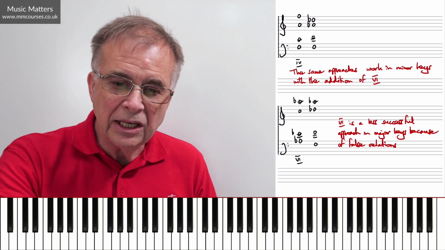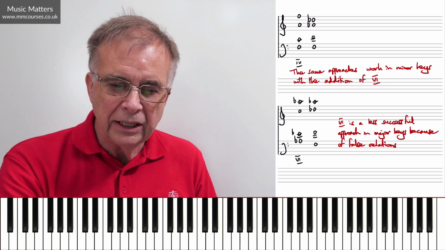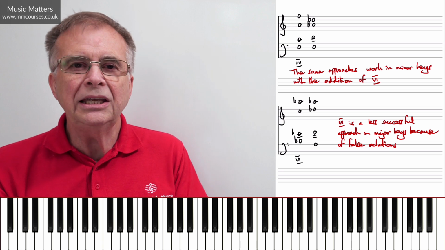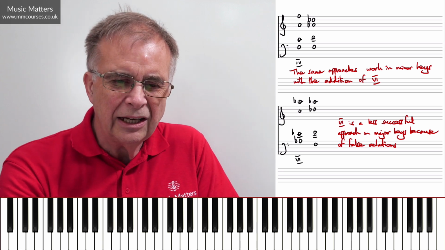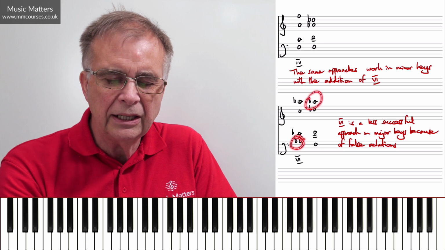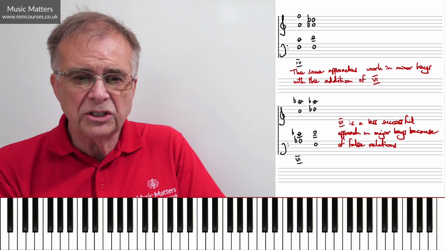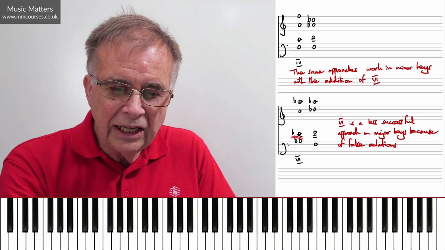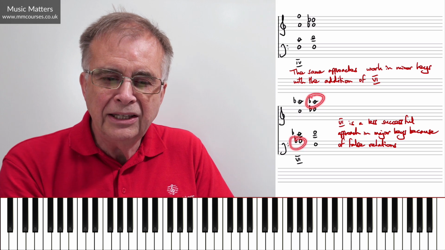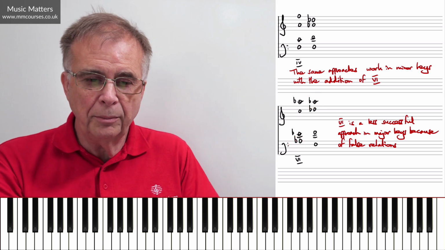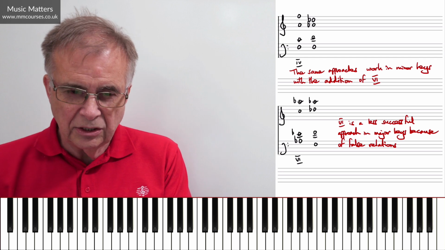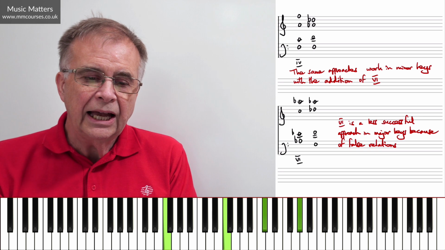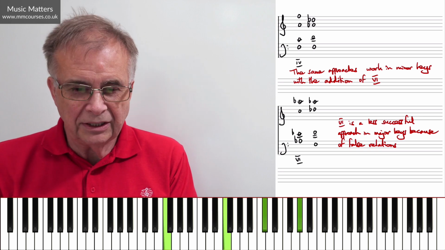However, if you use 6 in a minor key followed by a Neapolitan, that's usually a more successful business, because you can see in C major, I would end up with A naturals followed by an A flat. That's all a bit awkward by the false relations. But when I'm in C minor, chord 6 already contains A flat, and I've got A flat in the Neapolitan. So that's rather nice to have that common note. And it works very nicely too. If I'm in C minor and I go 6 Neapolitan, actually works quite effectively.